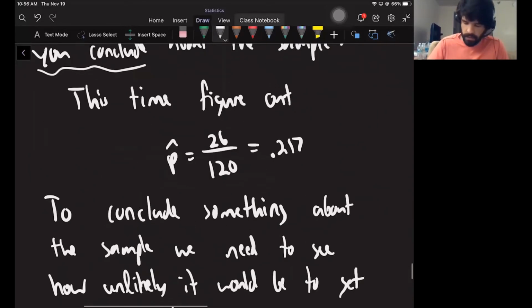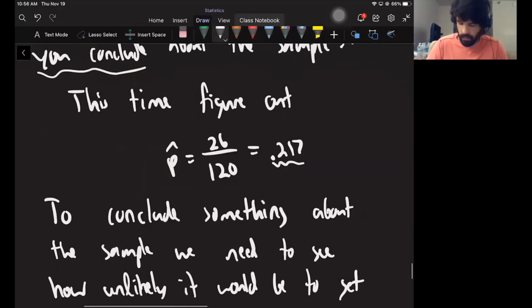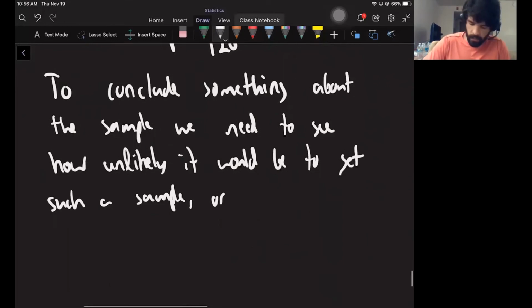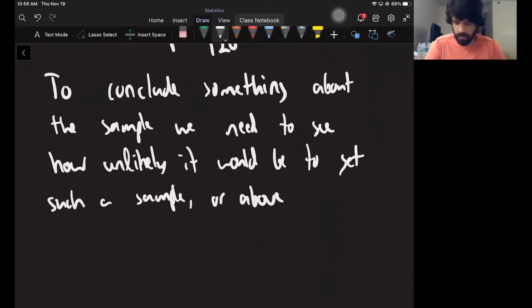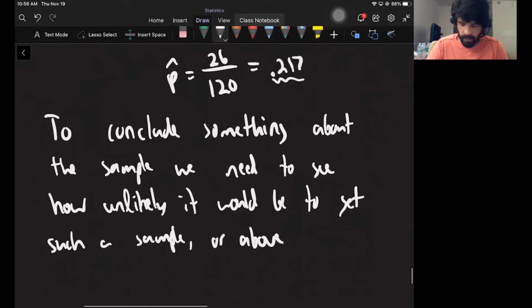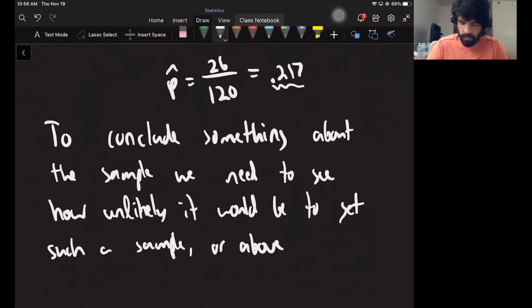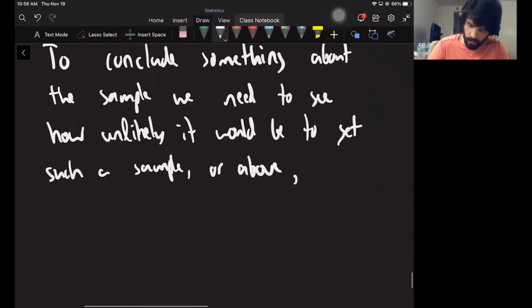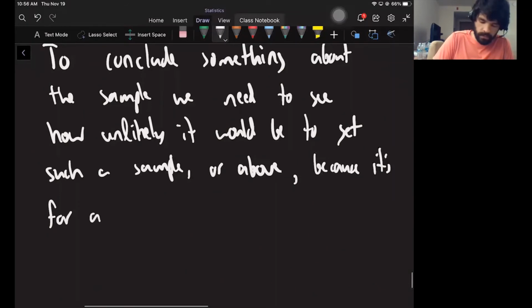Or because it's so high above 0.15, which is the mean, we want to see if it's bad by seeing how unlikely it is to get such a sample, or worse, or above it, because it's far above the mean.